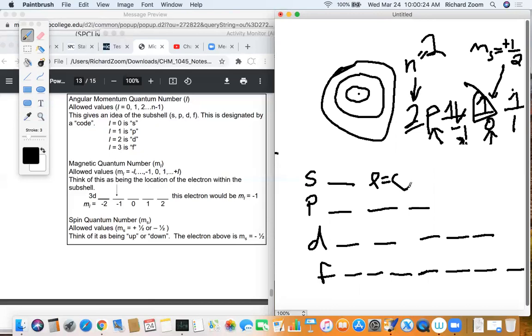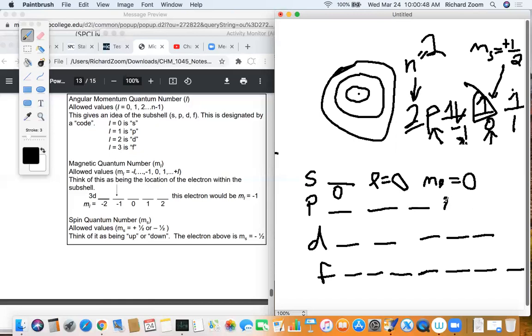So L equals 0. And that means that M sub L can only have a value of 0, because the value of M sub L is from negative L up to plus L. So if L is 0, then M sub L can only be 0, which is why there's only one s orbital, which would be marked with the number 0.